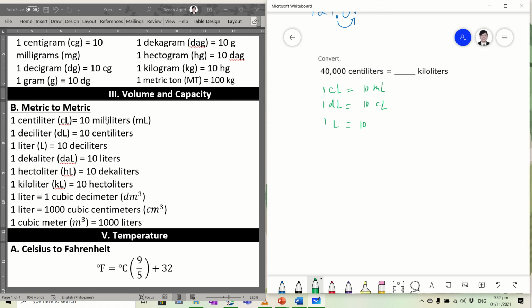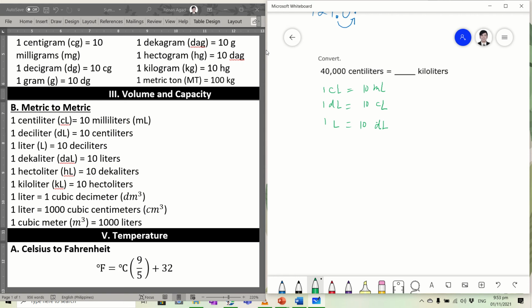Wait, this is deciliter, so that's DL by the way, not decaliter.